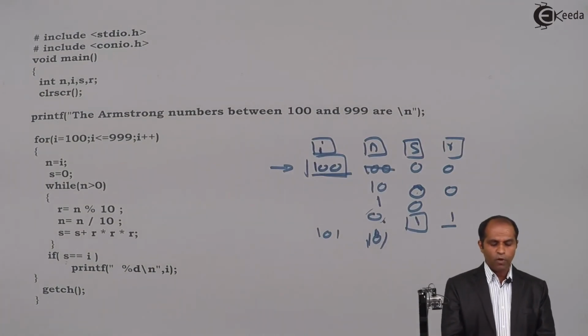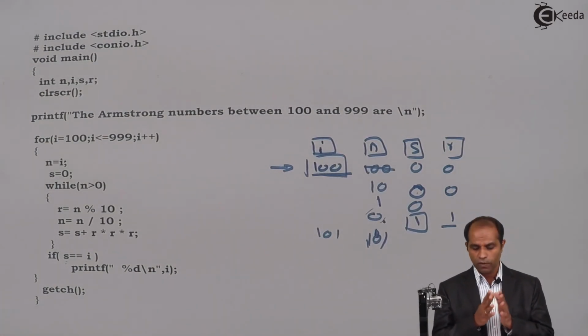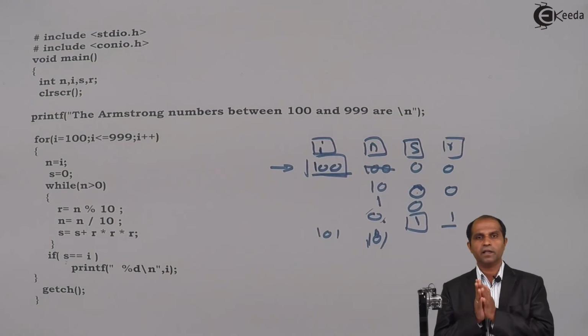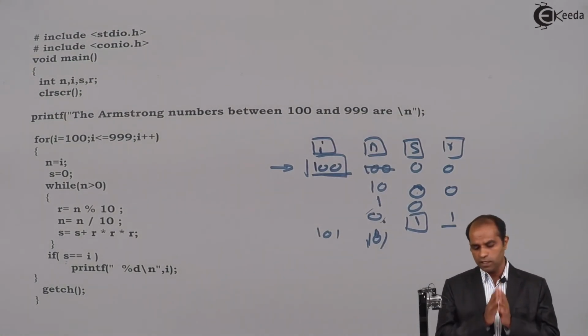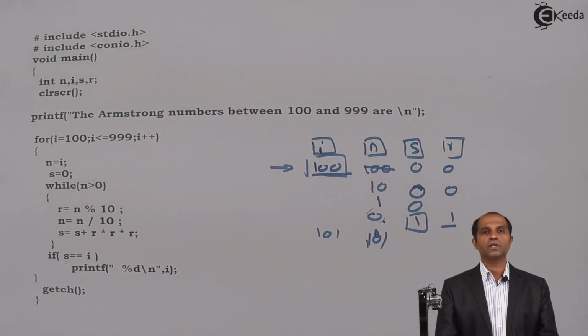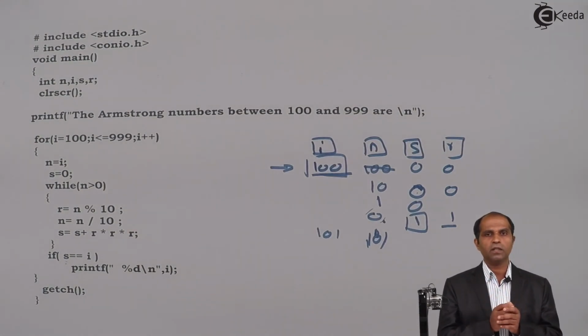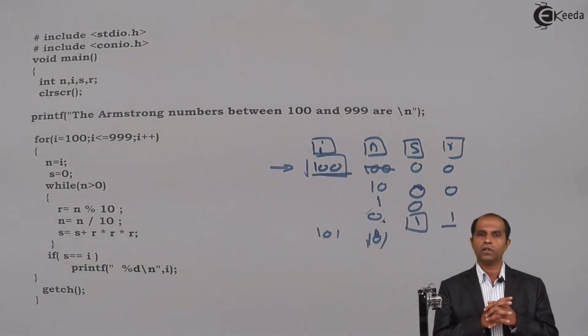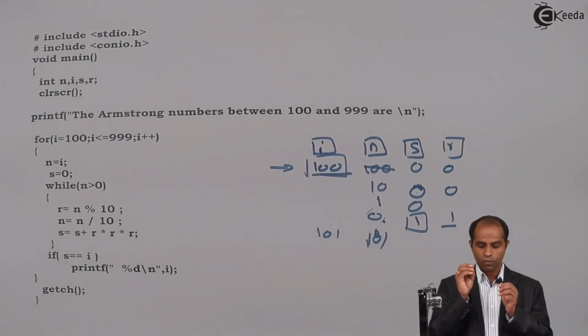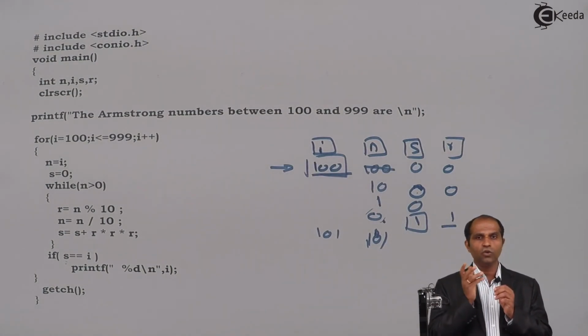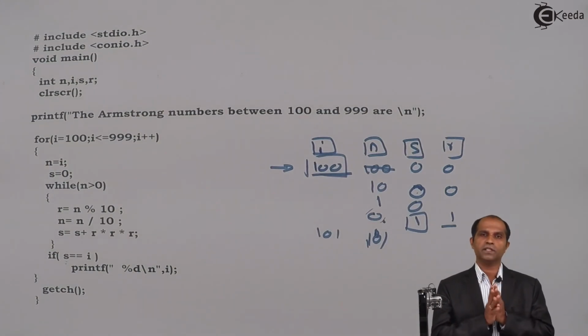So here we keep on doing it for different values of i from 100 till 999. Since the range is from 100 to 999, all these are 3-digit numbers, hence I'll always use the cube. If it is a 2-digit number, then I'm supposed to use the square. If it is a 4-digit number, then I'm supposed to use raised to 4. Generally, in most of the exams, whenever it says that you're supposed to do it for cubes, it will always be a generation of 3-digit numbers.